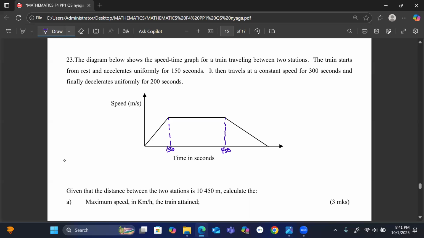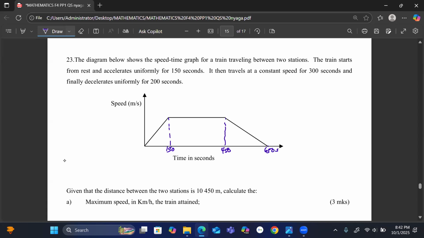Finally, it decelerates uniformly for 200 seconds. So from here to here is 200, so plus 200, we're going to get a total of 650 seconds.